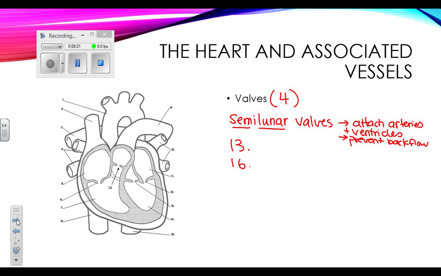Number 13, which is right here, is your aortic semilunar valve. And number 16, which is sort of right in the middle, is your pulmonary semilunar valve.